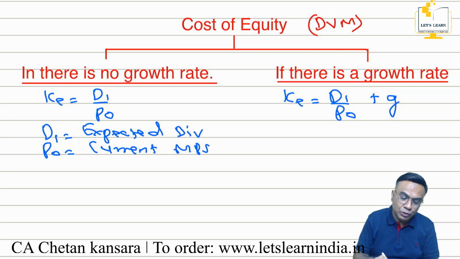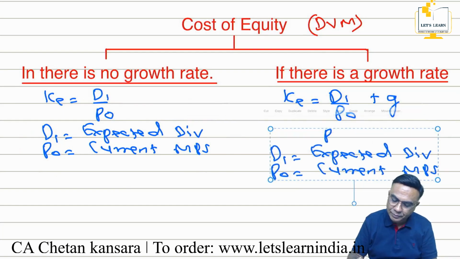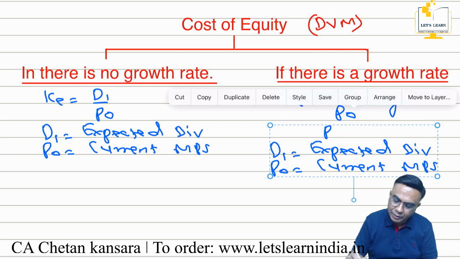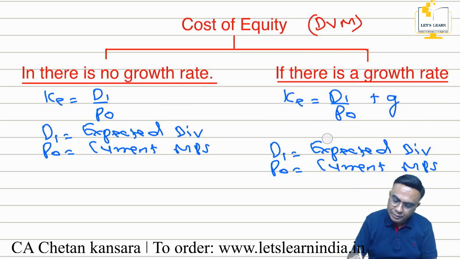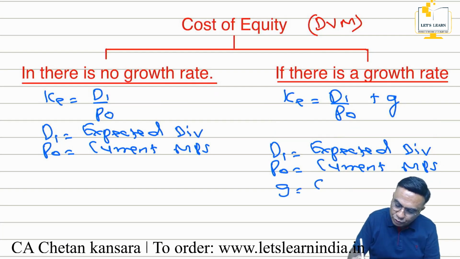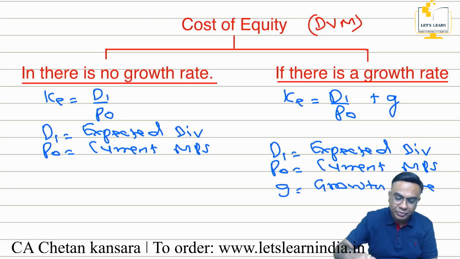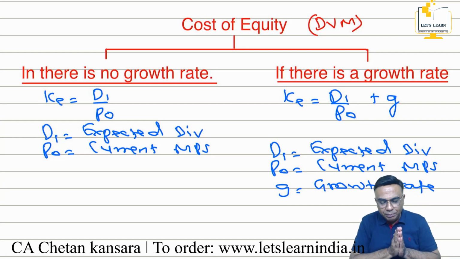Here also the concept remains the same in this formula. Now what is G? G is the growth rate, and we are going to discuss what the growth rate is. Now let us understand the formula. Pay attention: D1 upon P0 into 100.